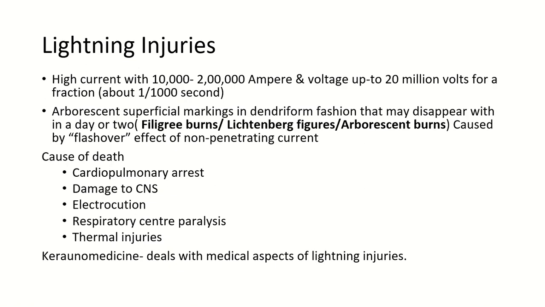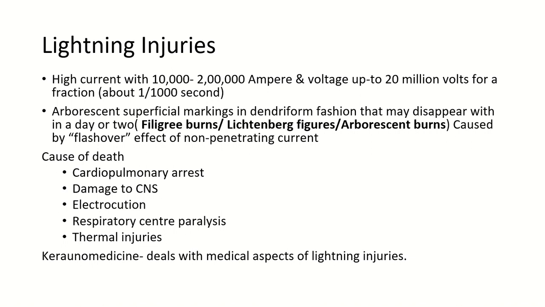Lightning injuries are due to high voltage and current within the range of 10,000 to 2 lakh amperes and voltage up to 20 million volts for a fraction of a second, 1 by 1000 second. There will be superficial markings known as filigree burns, Lichtenberg burn figures or arborescent burns, caused by the flashover effect of non-penetrating current.